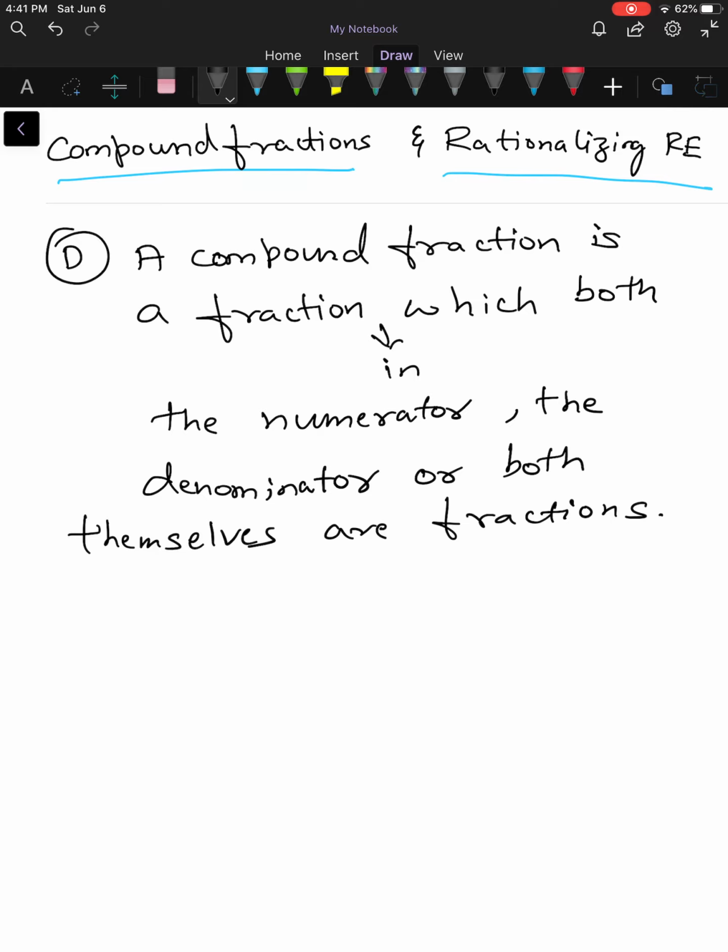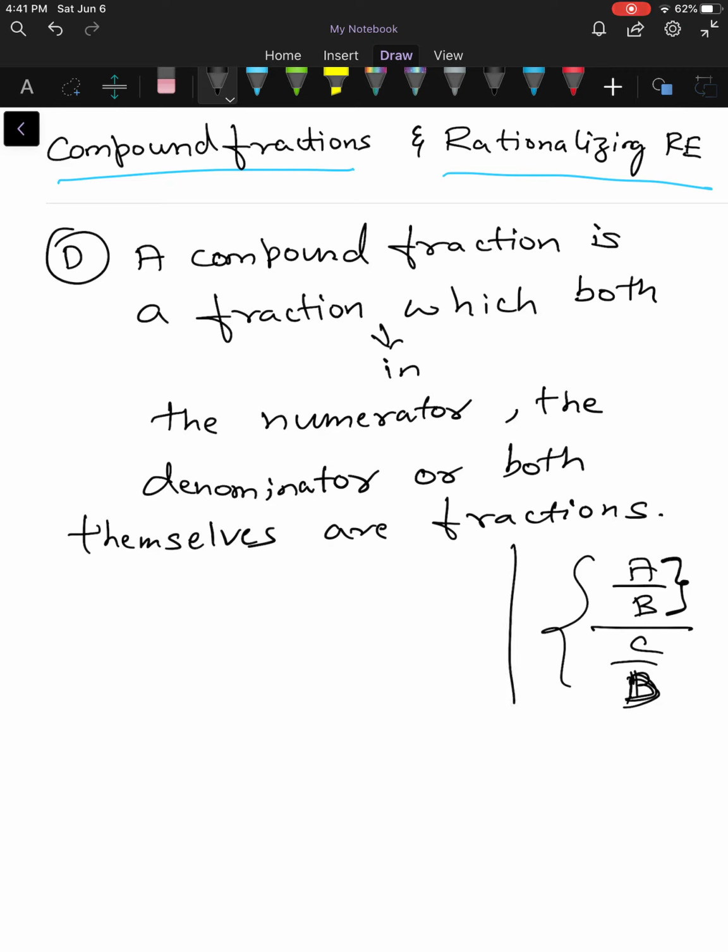Like if you have fractions in the numerator and the denominator, as you saw while you were dealing with division of rational expressions, you saw something like this, a over b and c over d. This arises only if you have fractions in the numerator and the denominator.